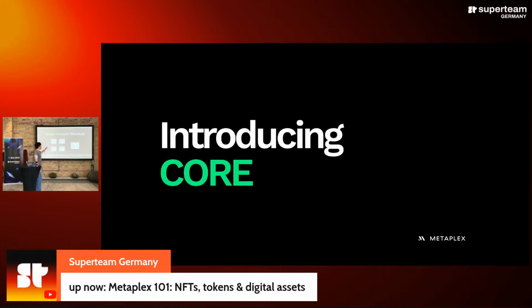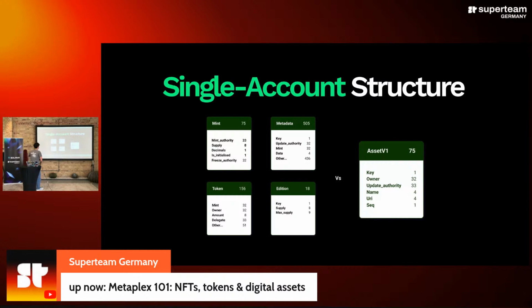So Core has a single account structure, because as I said before, the SPL token program works really well with fungible tokens, but it doesn't work well with NFTs, because there are so many fields in the mint, in the token, in the metadata that actually are not needed. For example, in the mint account, pretty much anything that is in there, we don't need it. We don't need a mint authority. The supply is always 1.